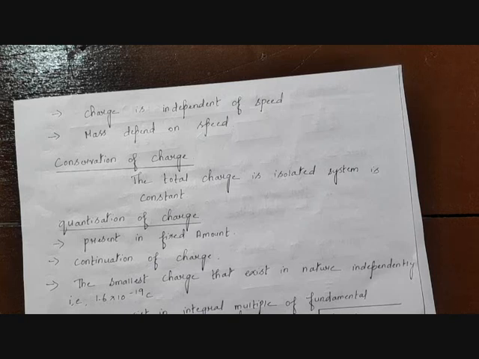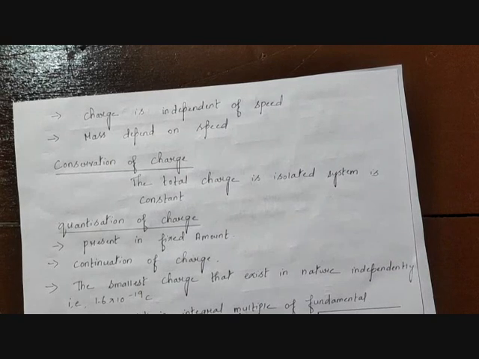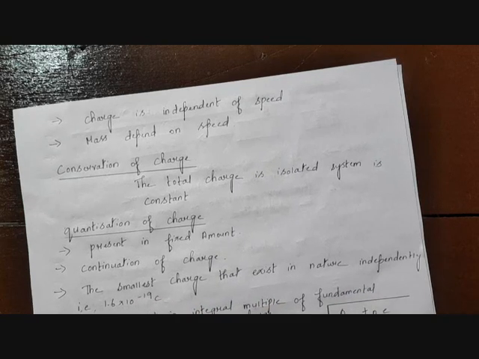If the speed of the charge is high or low, whatever it is flowing at, charge will not depend on the speed, but mass depends on speed. We cannot say it exactly like that, but just for your understanding I'm saying it like that. Remember, if you're running, the mass keeps on increasing. That's why mass depends on speed, but charge does not depend on speed. Always remember these things. Is it clear?